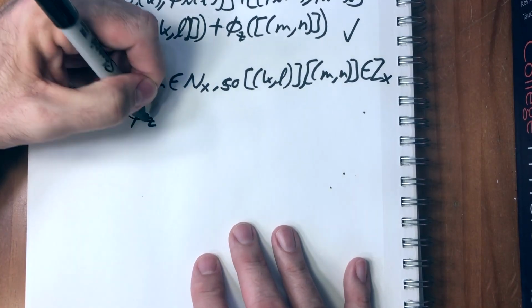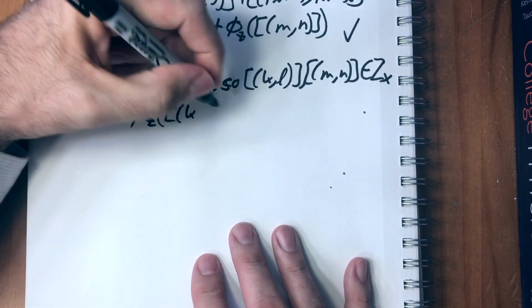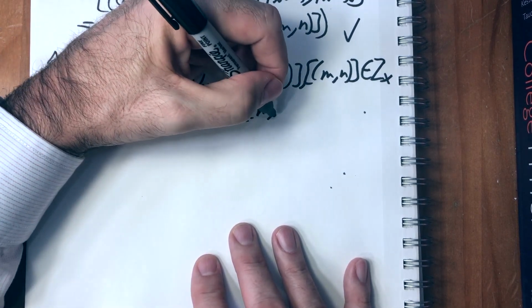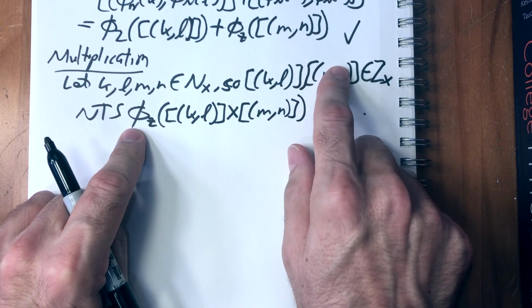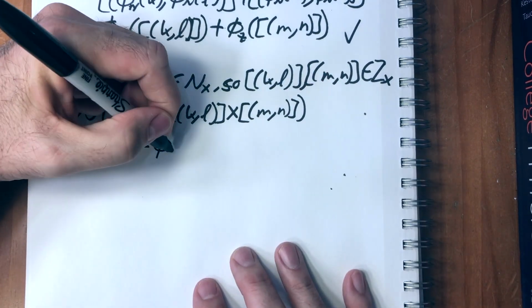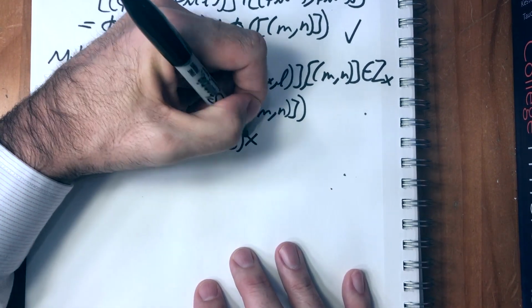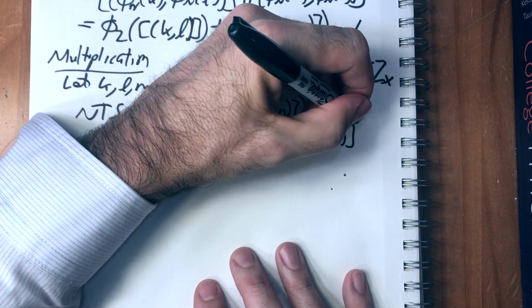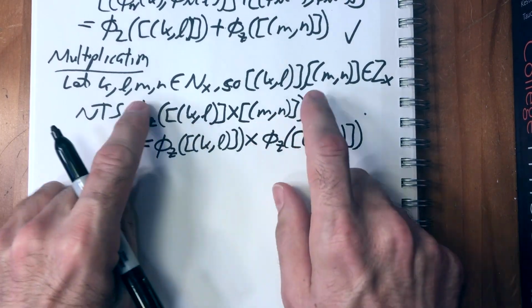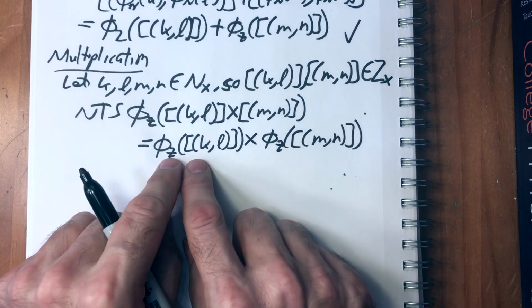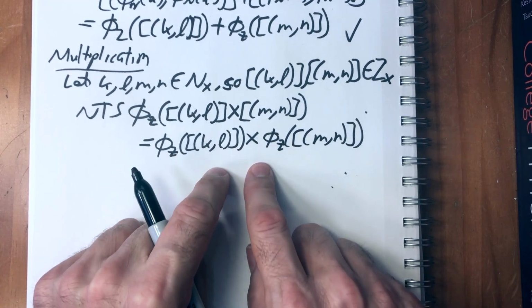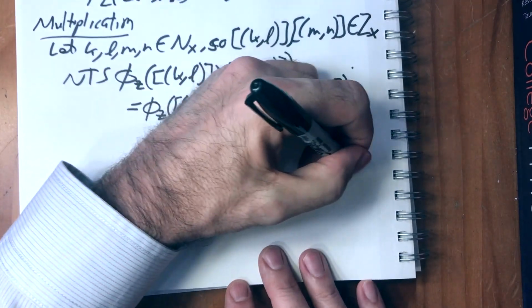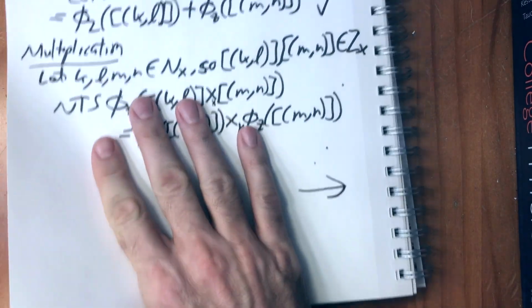So now we need to show that if we multiply first and then take the phi, so we multiply first and then map it to y, that equals mapping them first and then multiplying. This actually takes a couple more steps than the other, so let's go to the next page.